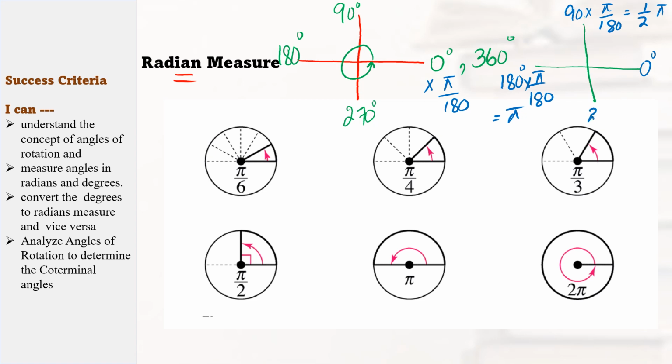Similarly, here I have 270 degrees. If I multiply by pi over 180, I will get 3 pi over 2 radians. When I come back to 360 degrees and multiply by pi over 180, I will get 2 pi. It means 360 degrees or 2 pi radians is the measurement of one rotation.